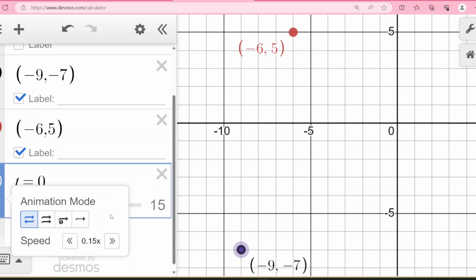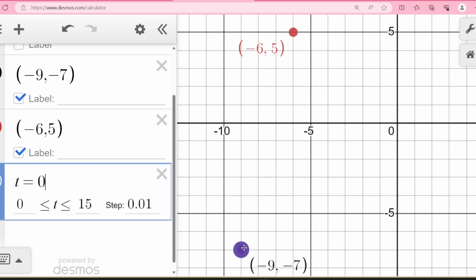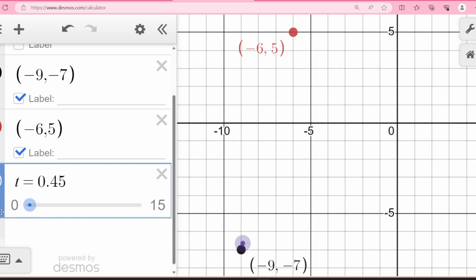When I start playing this, we're starting here at the point -9, -7, and as time t goes on, it'll move along a line to this point -6, 5. So you see the point moving as t increases, in a straight line at a constant rate of speed, until we get to the point -6, 5 when t equals 15. And I'll let it play out. It's not going to take that much longer.